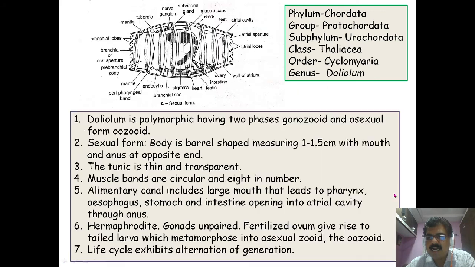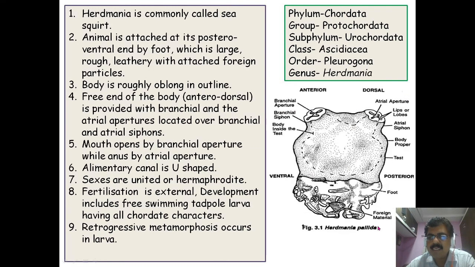This is an adult Herdmania. This is the foot portion, or the lower portion. Herdmania gets attached to the substratum by this foot, and the upper portion is the body. It has two openings, at the anterior and the dorsal position.